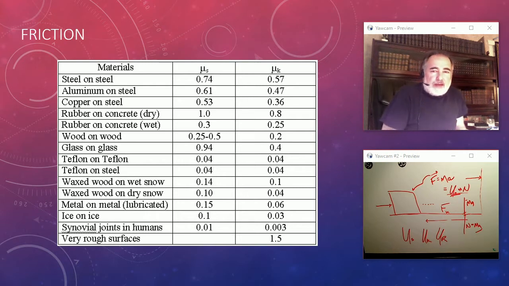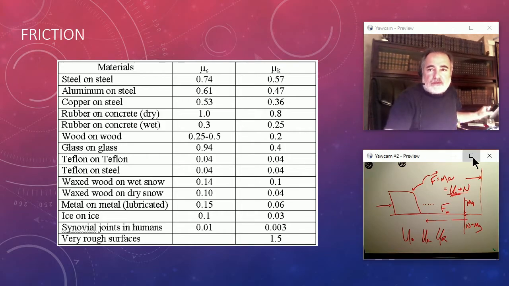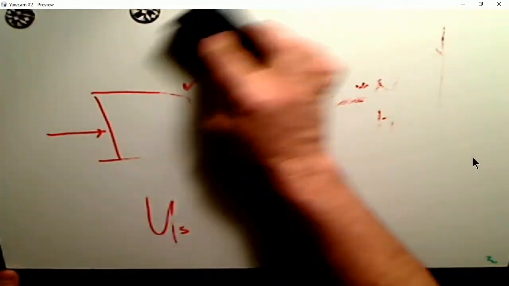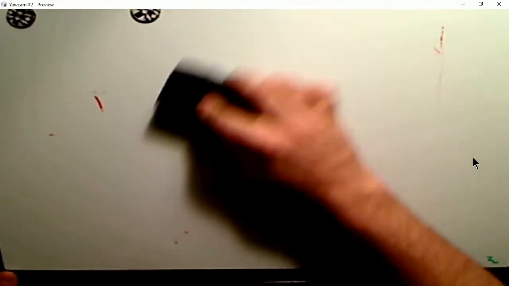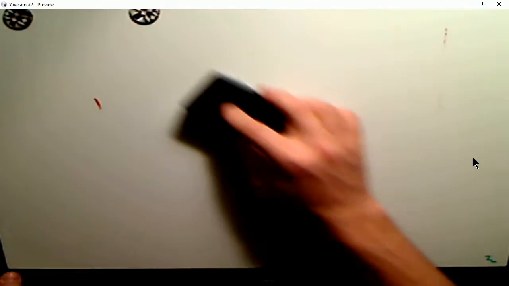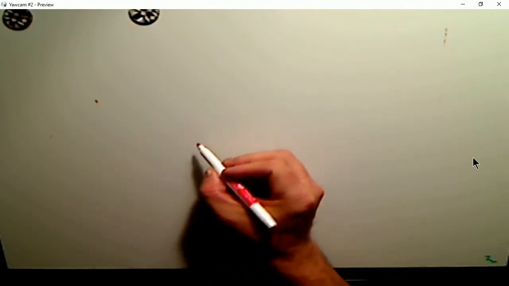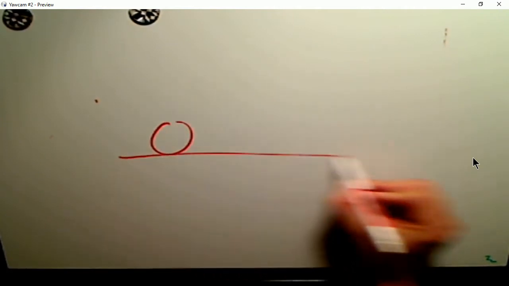Let's look at an example here. So I'll make this screen bigger again. I have a ball that's rolling. And the ball is rolling on a surface.